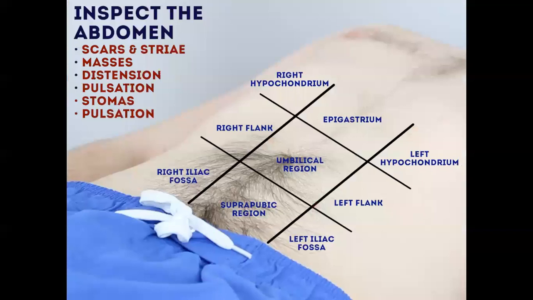And then what next? During the inspection of the abdomen, we will check all 9 regions for scar marks, any kind of striae, abdominal striae, or any masses, any distension, any pulsation, right?